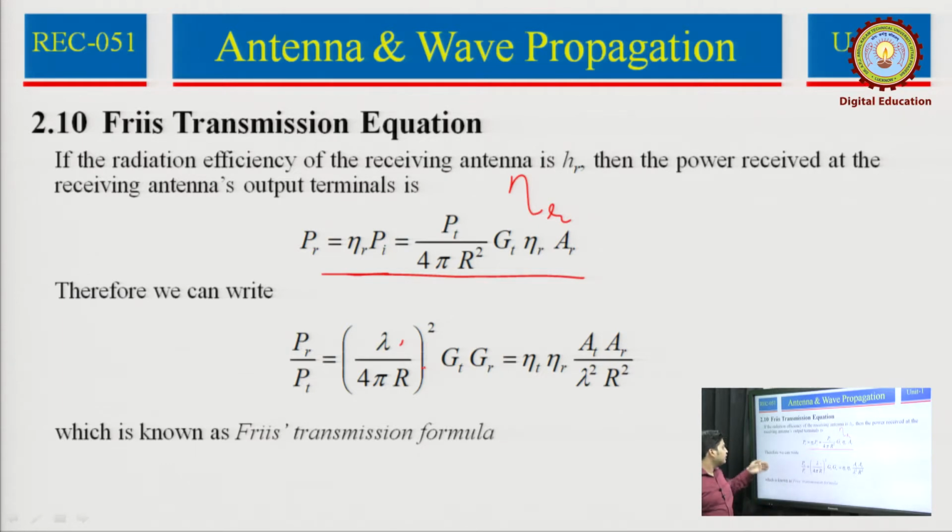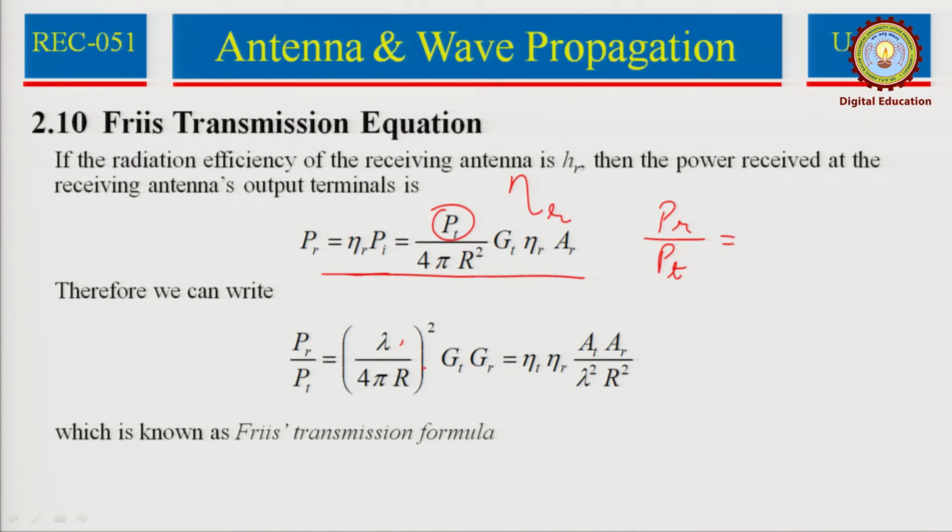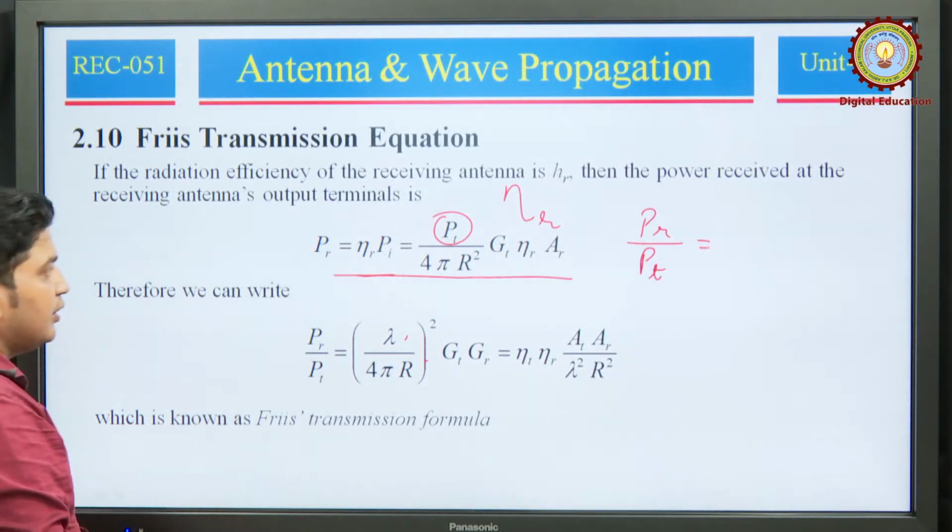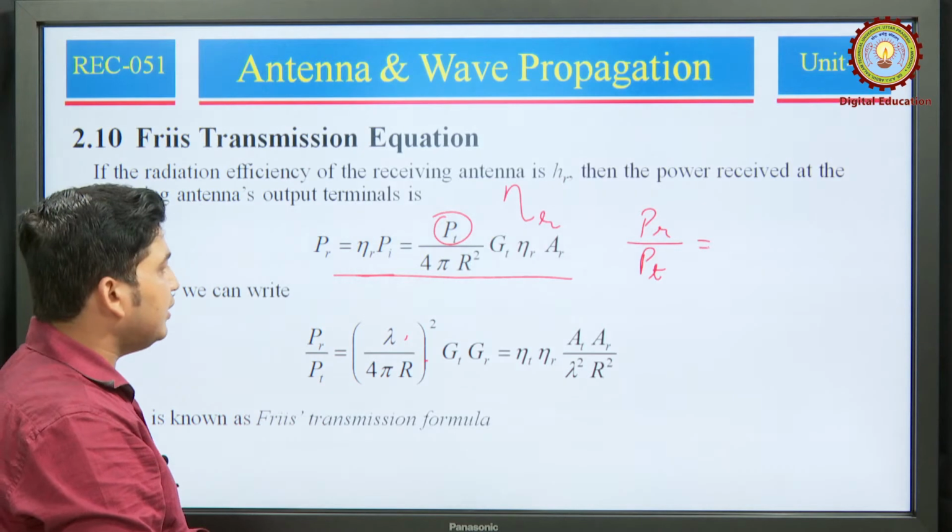Now, further we can rewrite this as the PR to PT ratio, because PR is available over here and PT is available over here. So, the Friis transmission equation is nothing but the relation between PR upon PT, the transmit power and receive power, radiated power. So, what is the value of PR upon PT?